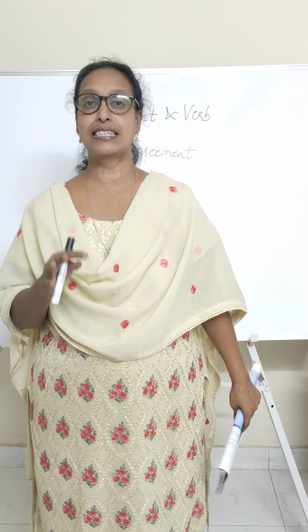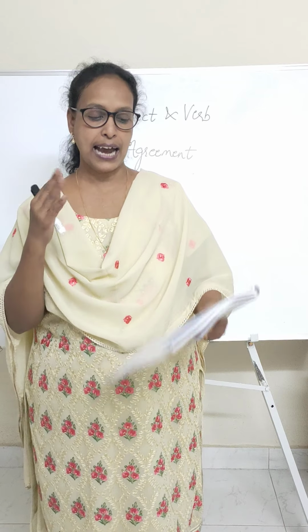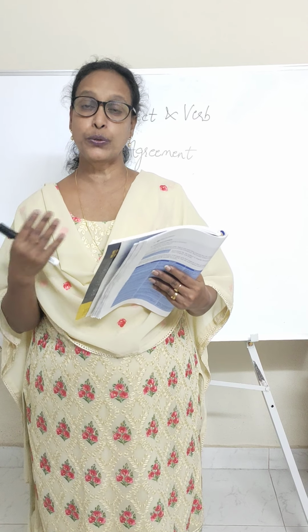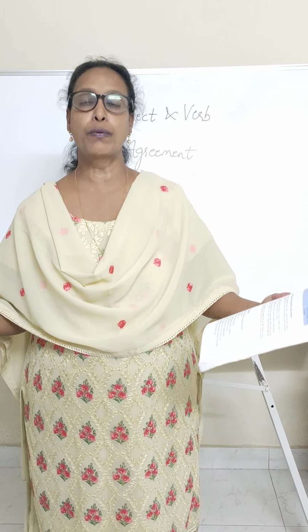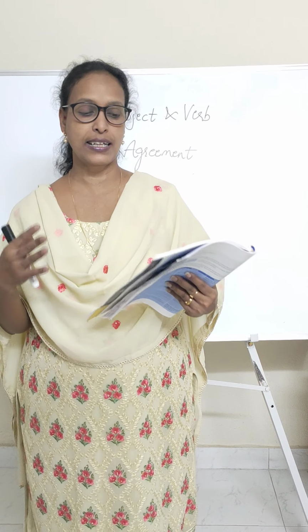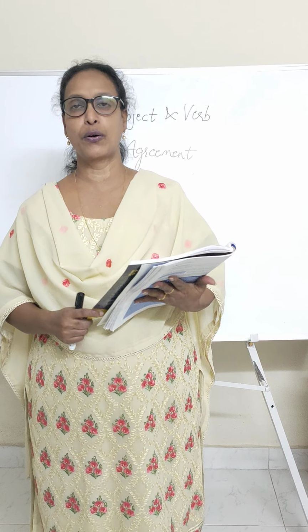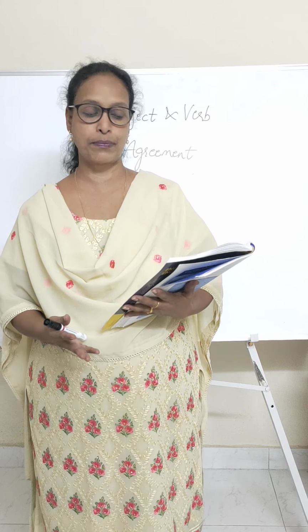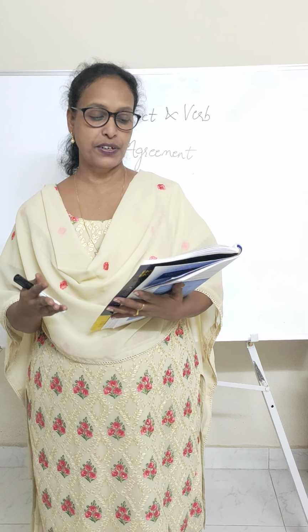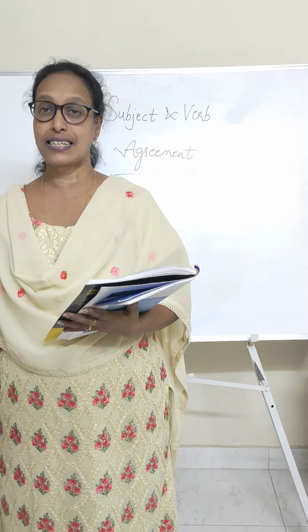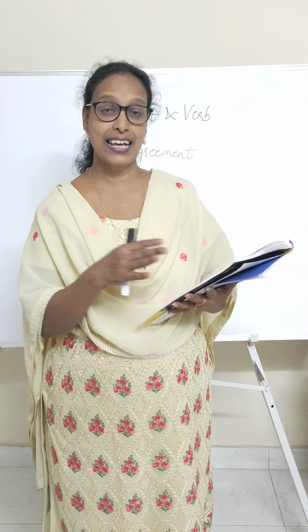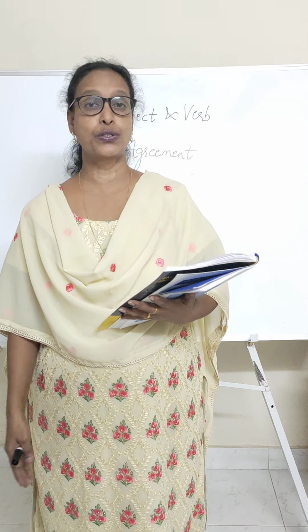Here the jury is considered a group of people, a collective noun, and you are using it in the sense of a plural item, so you use a plural verb. Here you say, "The jury differ in their opinions." You are using "their" for the subject, jury.